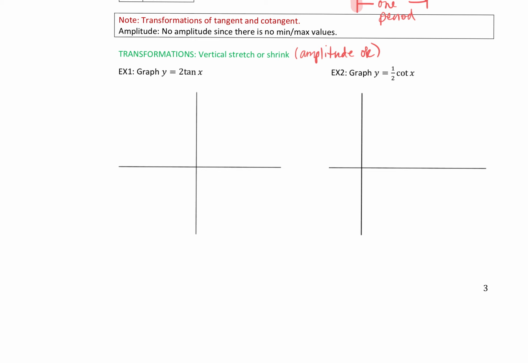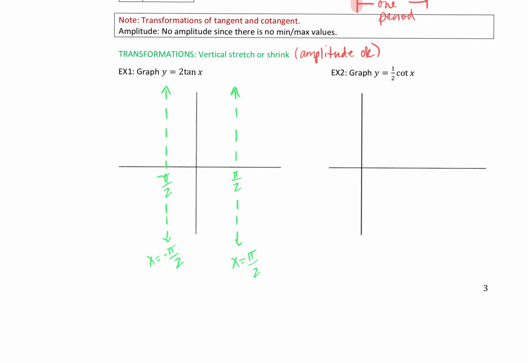Remember, tangent had a vertical asymptote at pi over 2, and another one at negative pi over 2. So that didn't change.